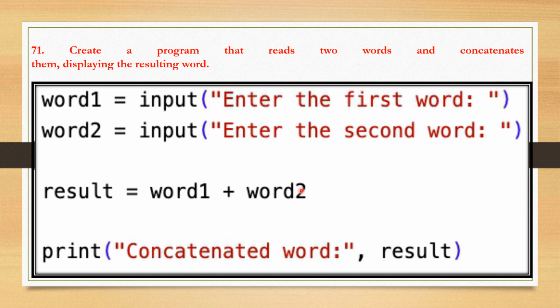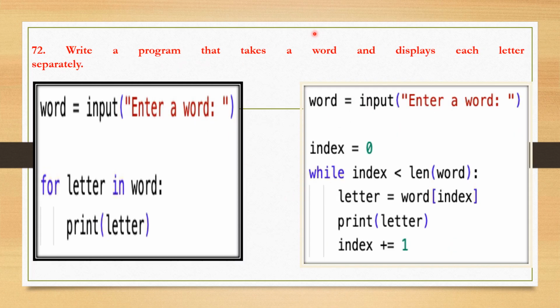The plus operator used with strings performs concatenation, that is, joining two strings together. Finally, the concatenated word is stored in a variable called result, and the program uses the print function to display the concatenated word.